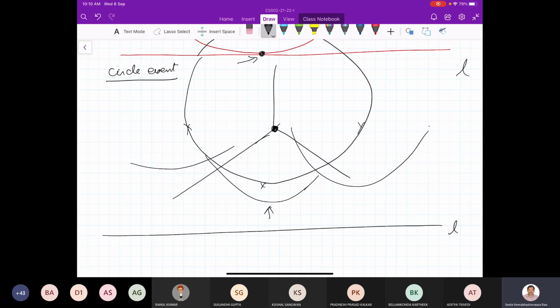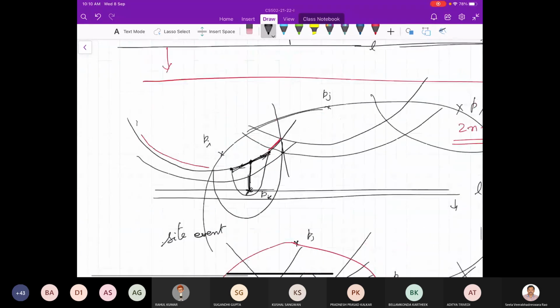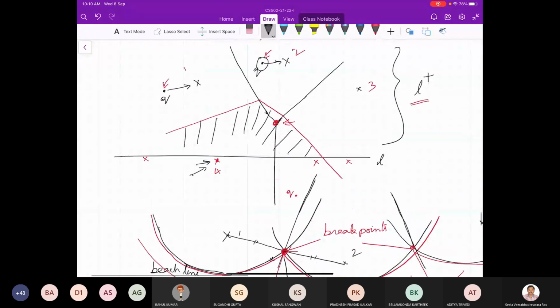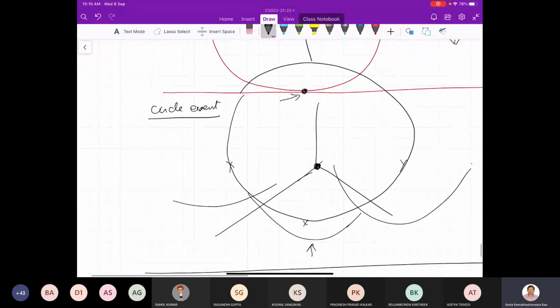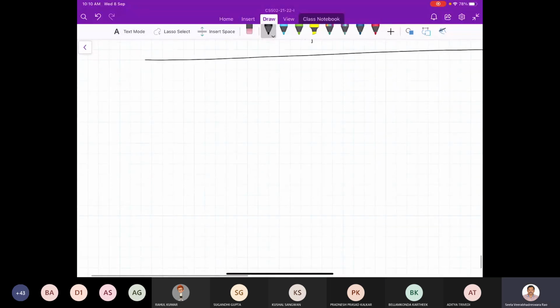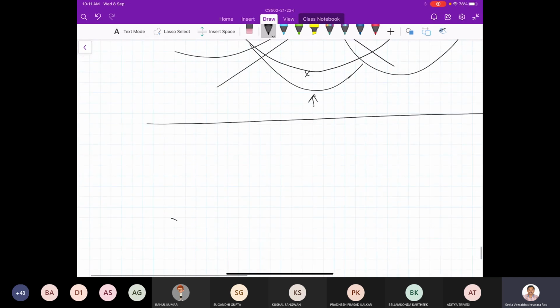So if the sweep line is intersecting with the circle, then later when the sweep line moves downwards, it becomes tangent to the circle. Maybe I'll explain this point once again. So in the sweep line, let's take this example itself.